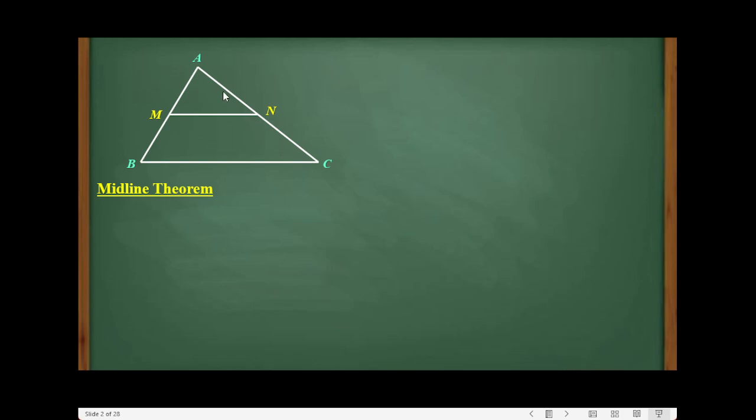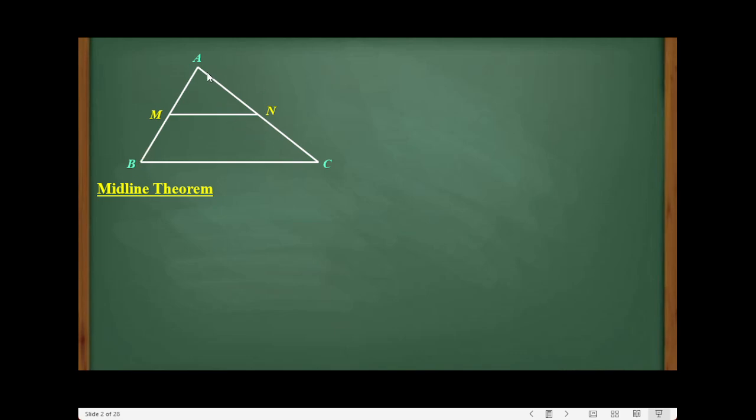For the first side, segment AB, we consider a midpoint M. When we say midpoint of a segment, it is a point that bisects a segment or divides the segment into two equal parts. Meaning, if this is your midpoint M, it follows that segment AM is congruent to segment MB.